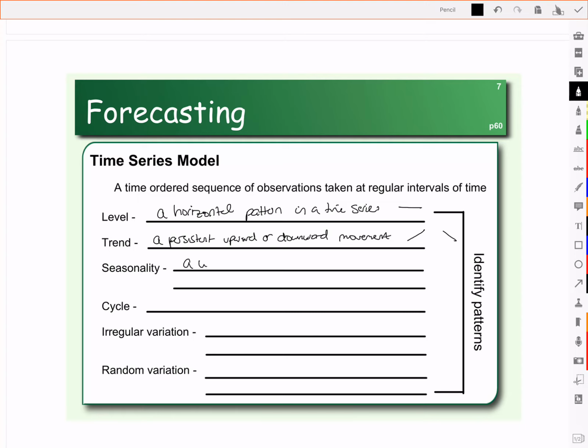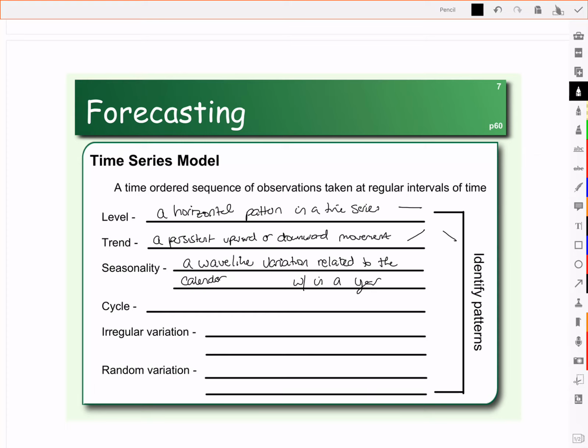Seasonality is a wave-like pattern. So wave-like variation, and seasonality is related to the calendar. So when we talk about seasonality, we're talking about variations that occur within a year.